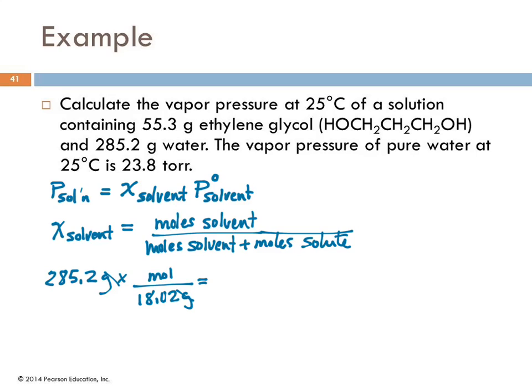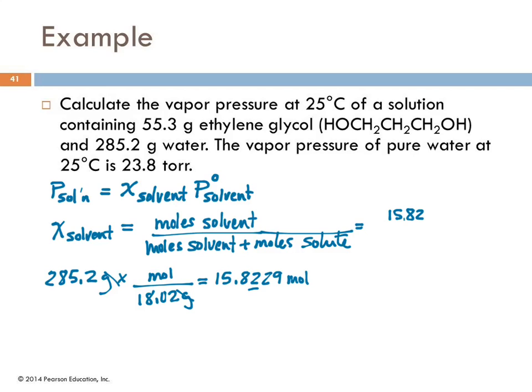I want to keep track of my significant figures, but I don't want to round yet. 15.82, I should have 4 sig figs, so I'm going to throw in a couple extras. That's the moles of solvent, so that goes on the top. I don't need parentheses.